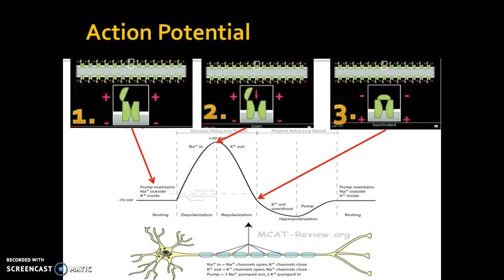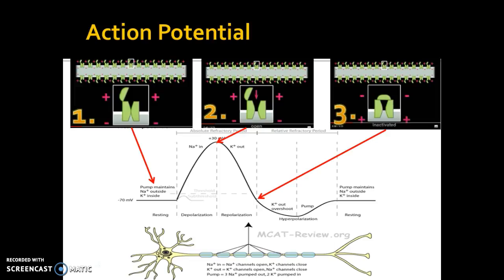Then at number 2, when the impulse is sent, the active transport channels open and allow sodium ions into the nerve cells, which causes the depolarization of a nerve cell. This is on the graph, where the arrow from number 2 is pointing.